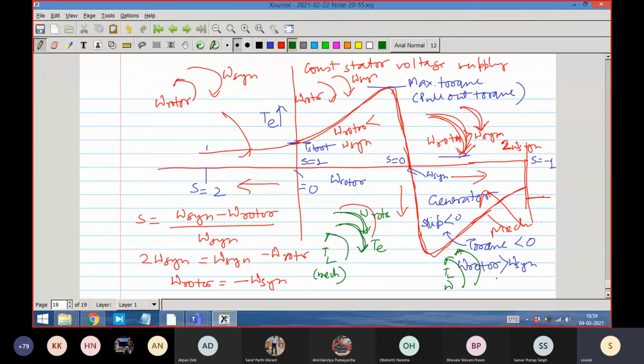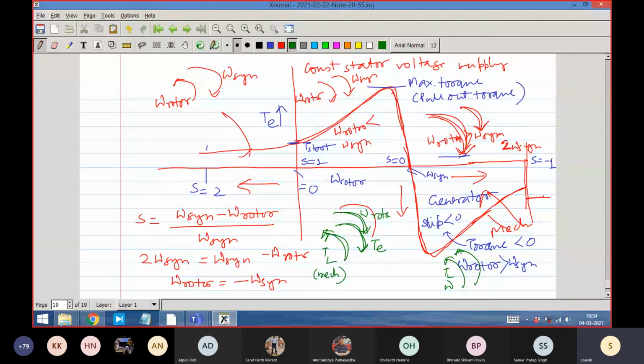The mechanical load torque opposes the direction of rotation, whereas in the generator the mechanical torque and the direction of rotation are in the same direction, and the electrical torque is produced in the reverse direction.